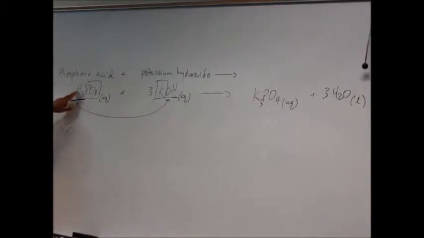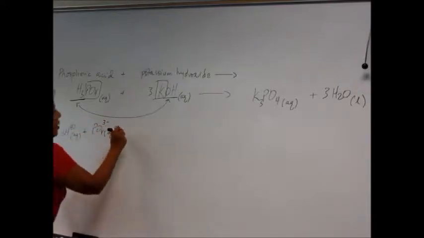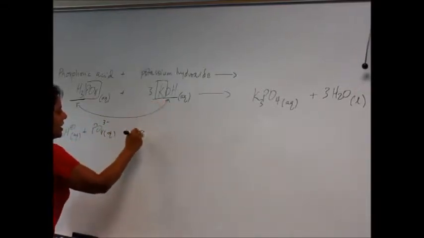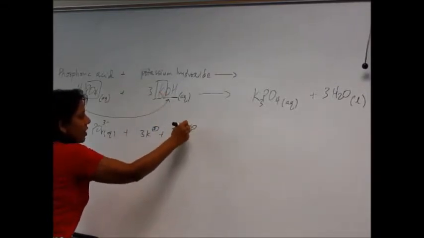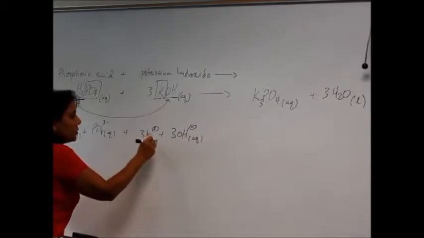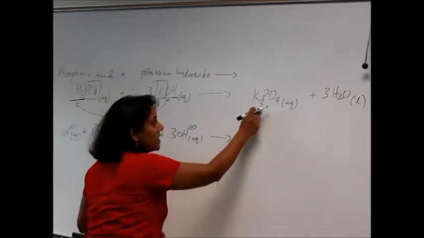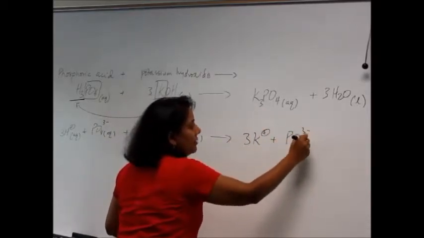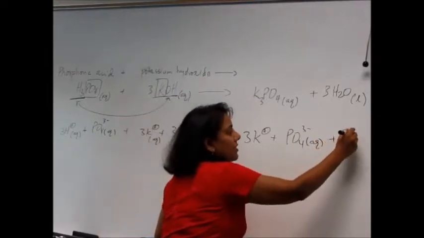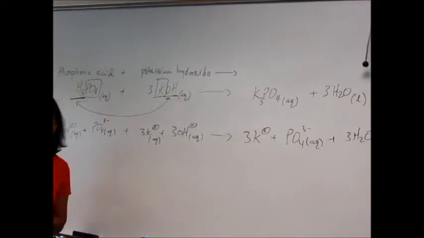Okay, because I have 3 hydrogen ions here, so aqueous, plus phosphate, 3 minus, aqueous, plus 3 of the potassium ions and 3 of the hydroxide ions, all of them in aqueous solution. And then here, since my potassium phosphate is aqueous, now I have 3 potassium ions, 1 phosphate ion, and 3 water, which does not dissociate because it's a liquid.